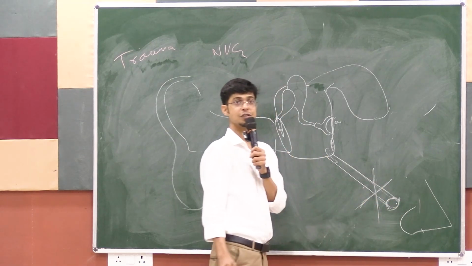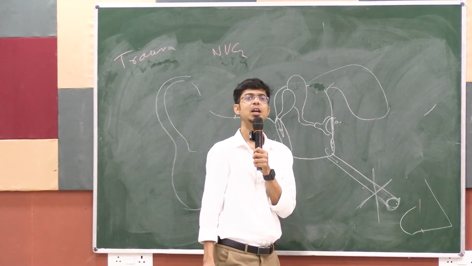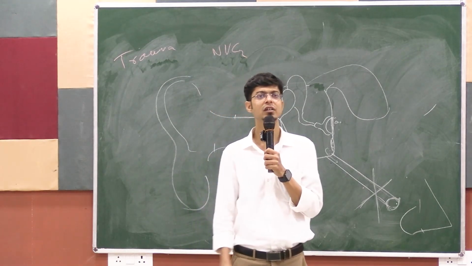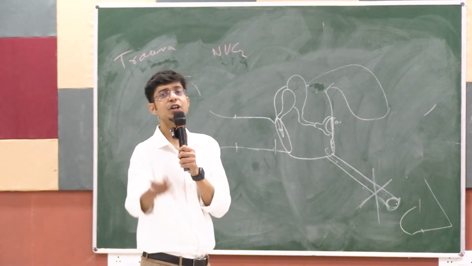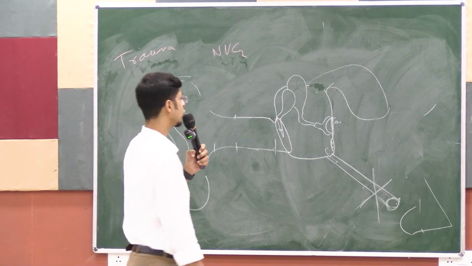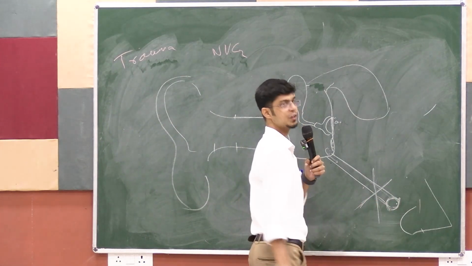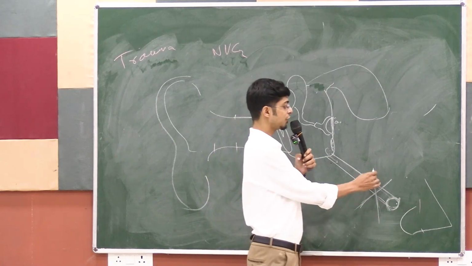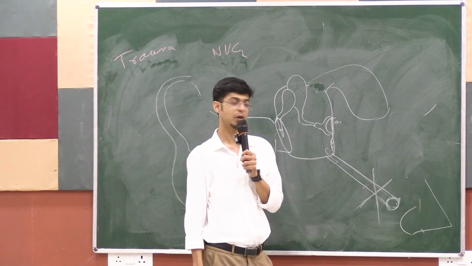We call it the torus tubarius. Okay, so any infection of the nose, it can be a simple upper respiratory infection, it can be a viral infection, or it can be a tumor like a nasopharyngeal carcinoma, anything that is blocking the opening of the Eustachian tube at the nasopharyngeal end will stop the function of the Eustachian tube, right?